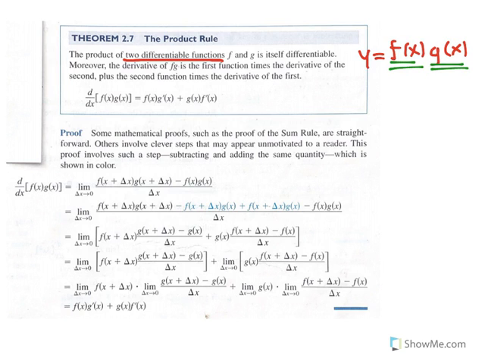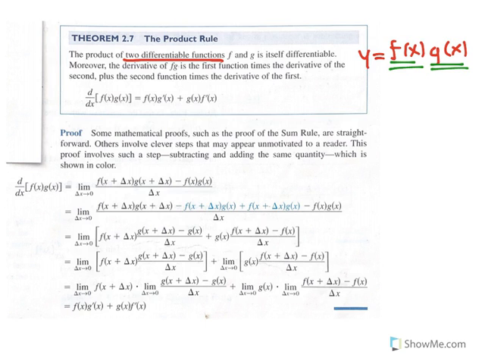The product of two differentiable functions f and g is itself differentiable. The derivative of the product is the first function times the derivative of the second plus the second function times the derivative of the first.